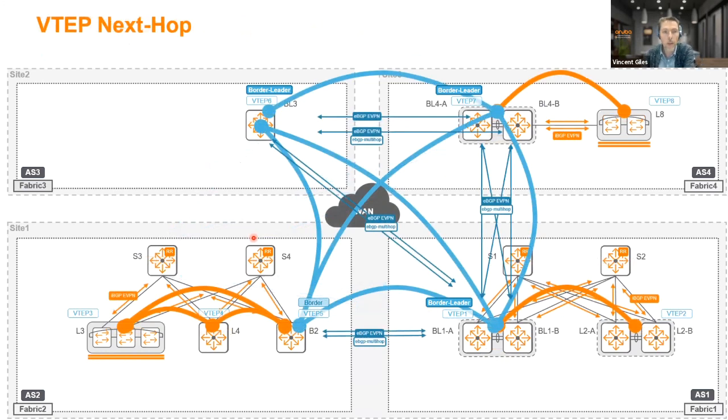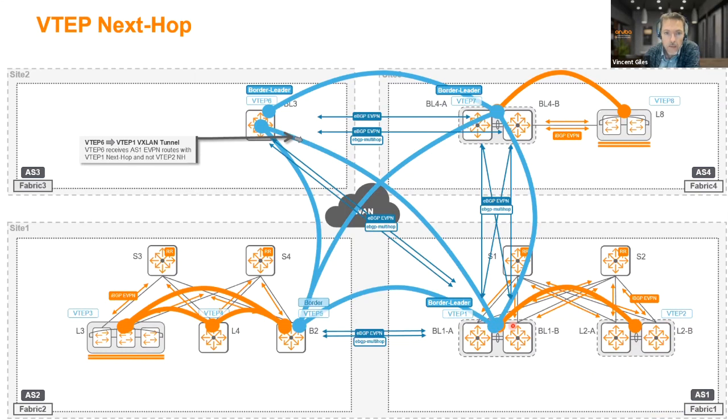Now let's talk about the manipulation that we will process on the next hop. This is an important aspect of the solution where we have multiple pods, which is the case in this solution. First of all, let's see here between VTEP 6. Let's say traffic is initiated from a host connected to VTEP 6 that needs to reach a host behind VTEP 1. So VTEP 6 receives, from autonomous system 1 here, the routes from Fabric 1, those EVPN routes with a next hop that is VTEP 1 here.